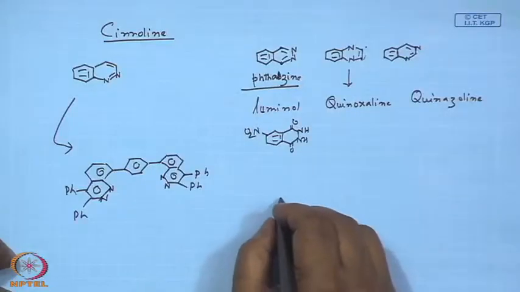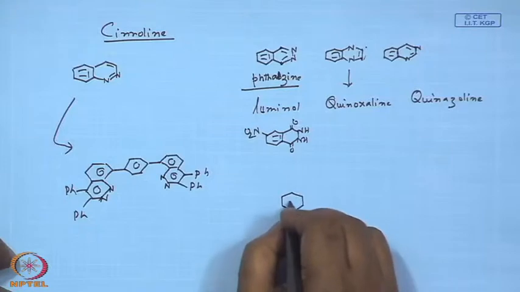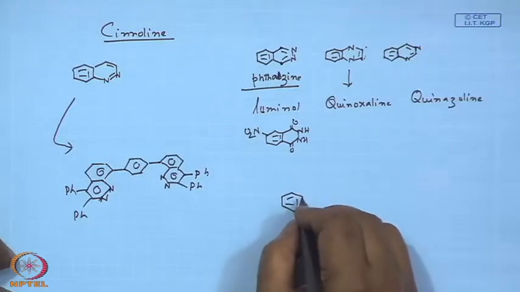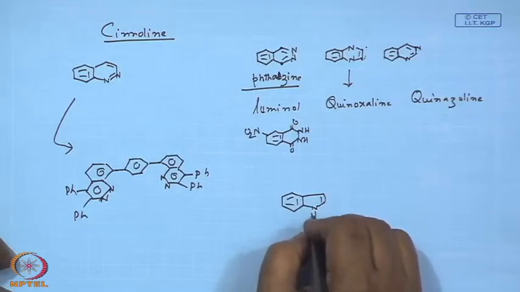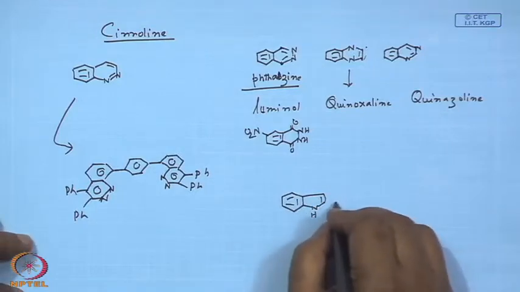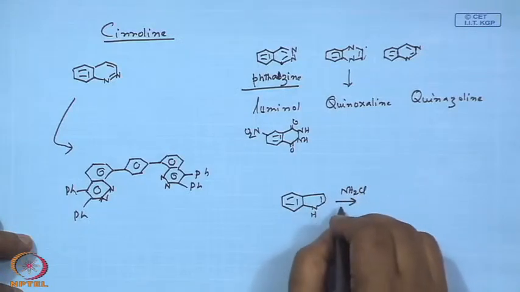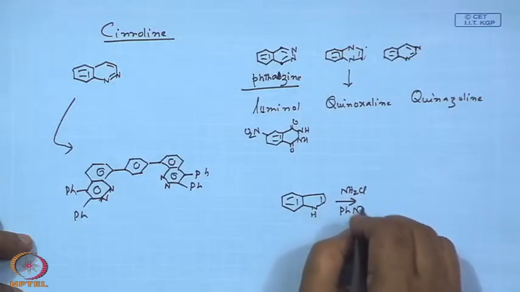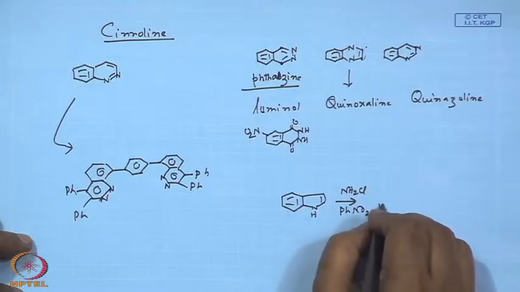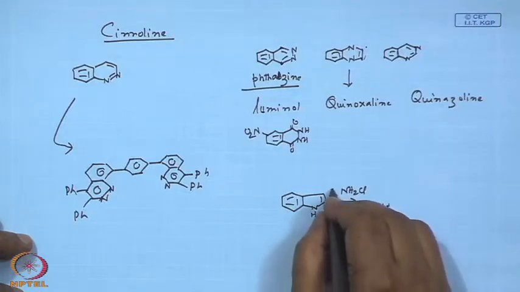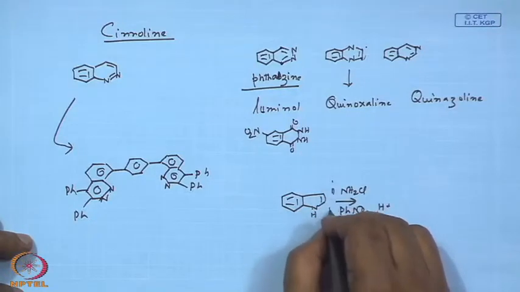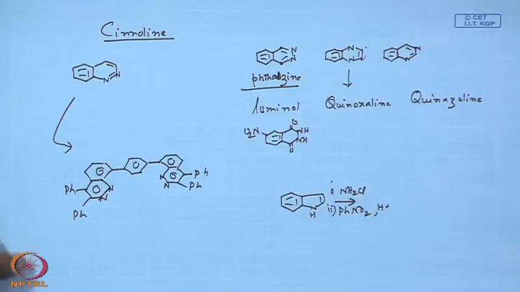Now, our case is how to make it. One of the classical ways to access this sort of material is ring expansion of indole again. In indole, now if you treat this with NH2Cl and nitrobenzene in the presence of heat, I think this is the first step and this is the second step, and you can guess what happened.